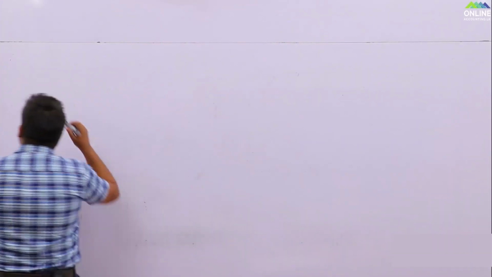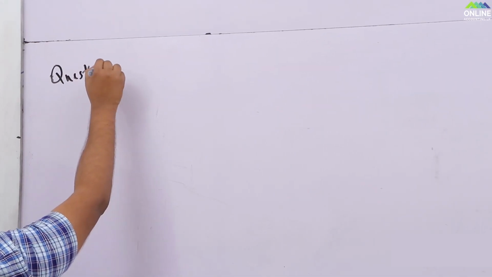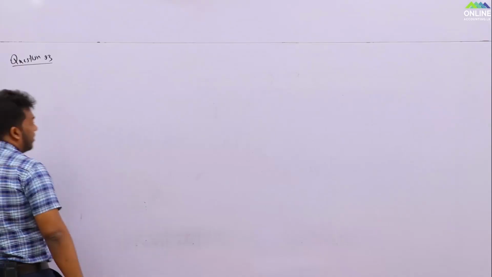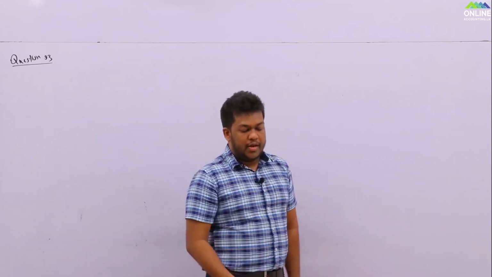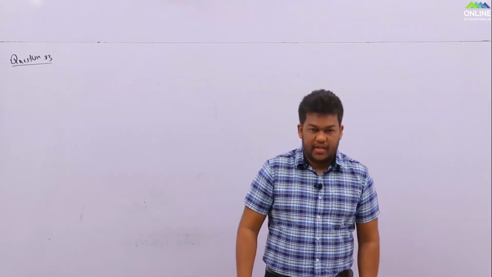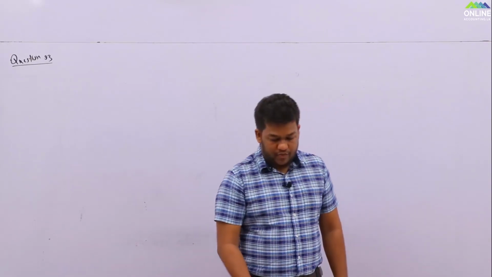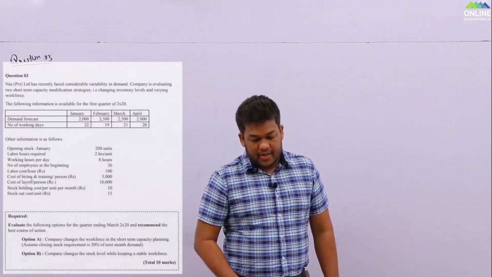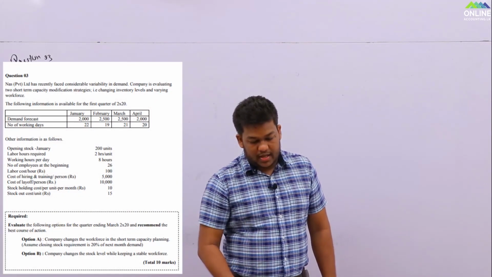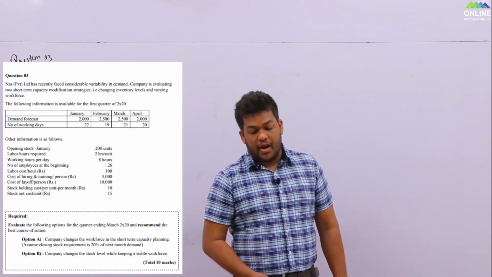Question 3. Section 2, question 3. So this is a good question from capacity planning. Normally it is very difficult to have a question from capacity planning, and this is a good one. NAS Private Limited has recently faced considerable variability in demand.